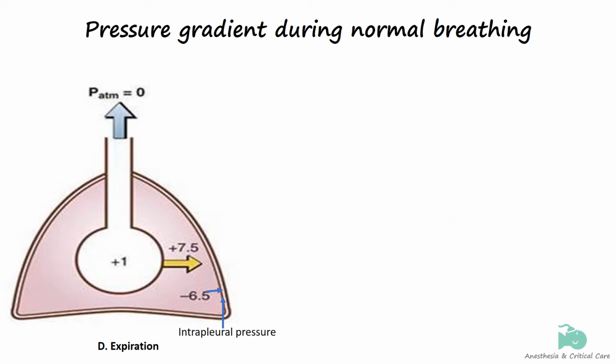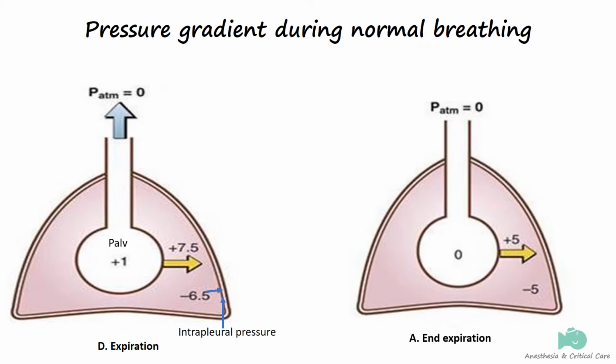Normally, expiration is a passive process. Alveolar pressure becomes positive and higher than atmospheric pressure because the elastic forces of the lungs compress the greater volume of air in the alveoli. When alveolar pressure increases above atmospheric pressure, air flows out of the lungs and the volume in the lungs returns to FRC.